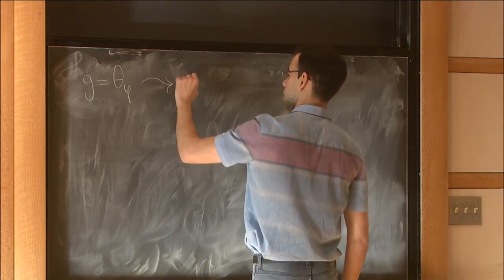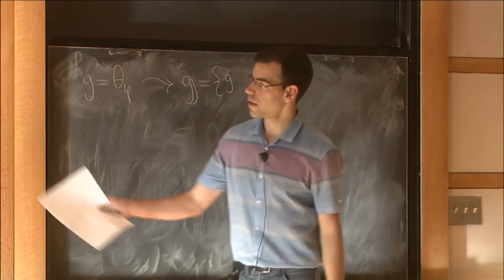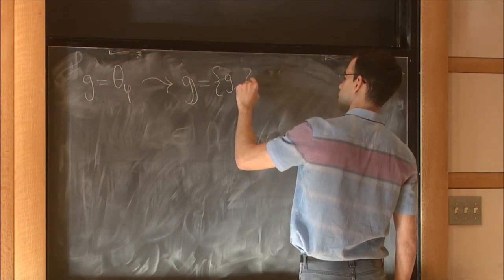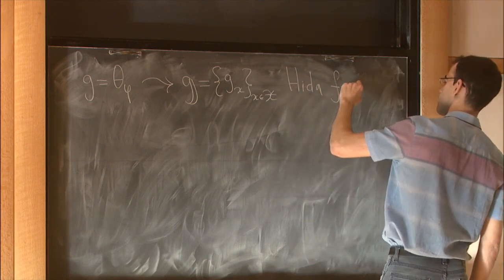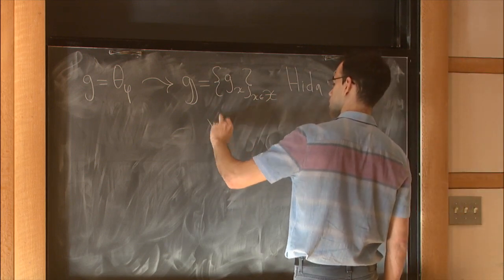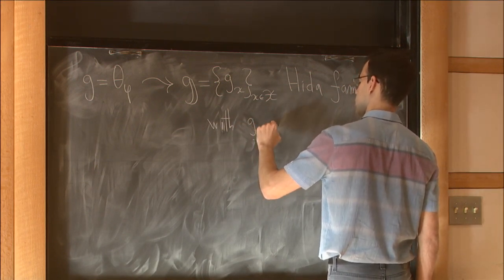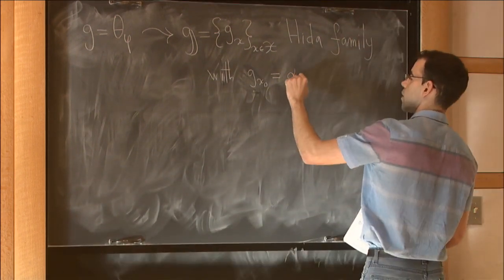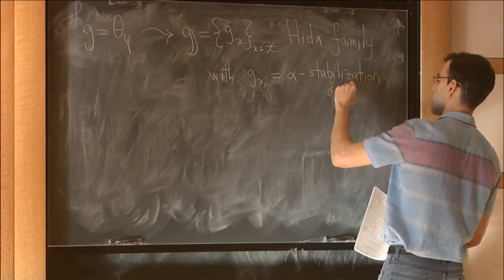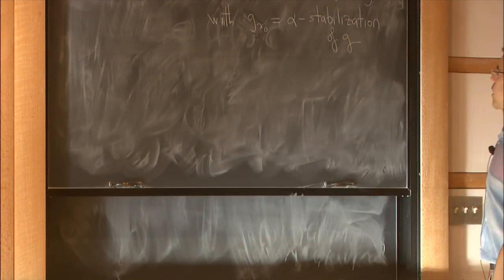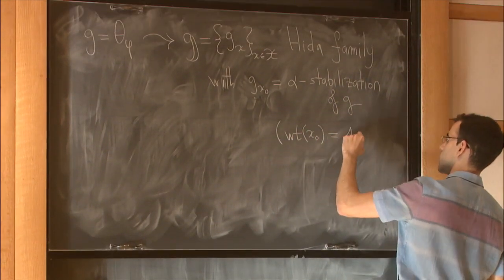I'll denote by g, which you should think of as a family of forms parameterized by these points in calligraphic X, this Hida family, with g of x naught equal to the alpha stabilization of g, for some x naught of weight 1.